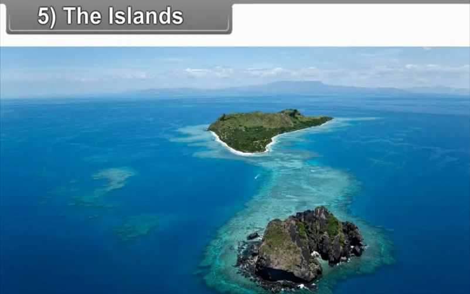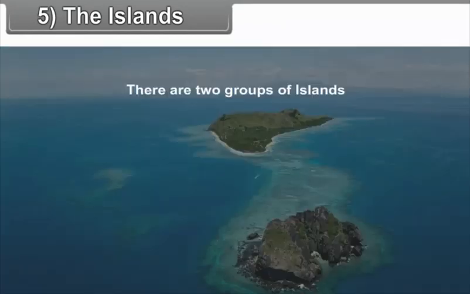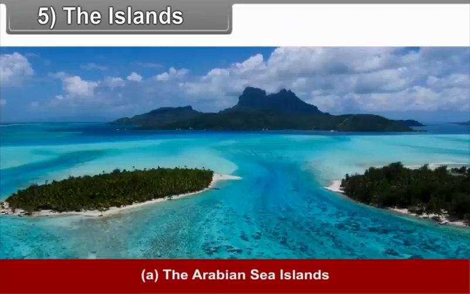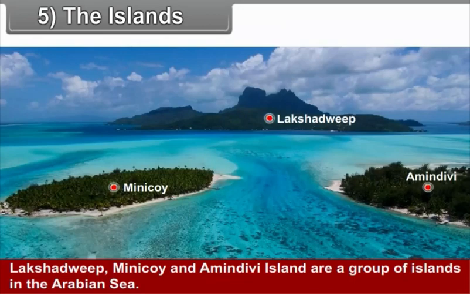5. The Islands. There are two groups of islands: the Arabian Sea Islands and the Bay of Bengal Islands. The Arabian Sea Islands. Lakshadweep, Minicoy, and Amindivi Islands are a group of islands in the Arabian Sea.